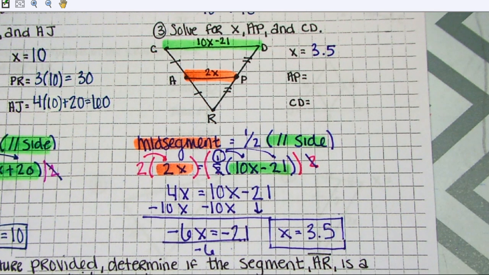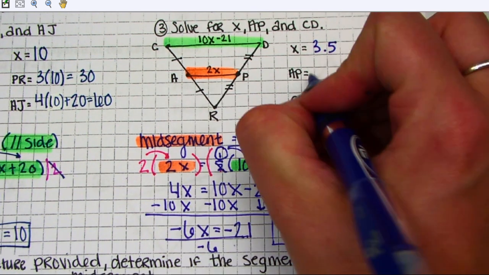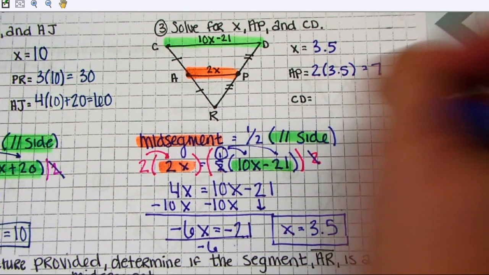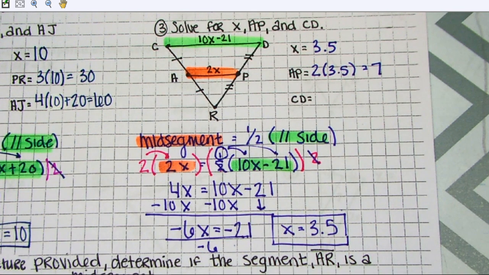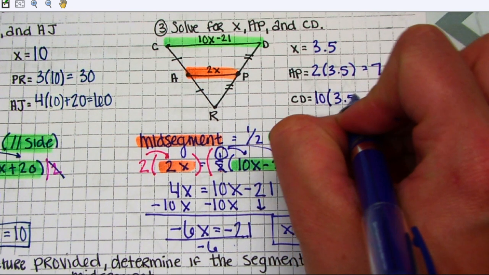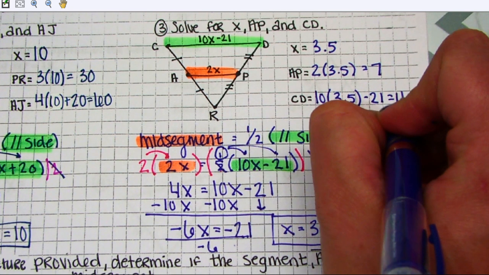What's the length of AP? 7. AP's measurement is 2x. So 2 times 3.5 is 7. What about CD? That one is 14. So you can do 10 times 3.5 minus 21 to get 14.